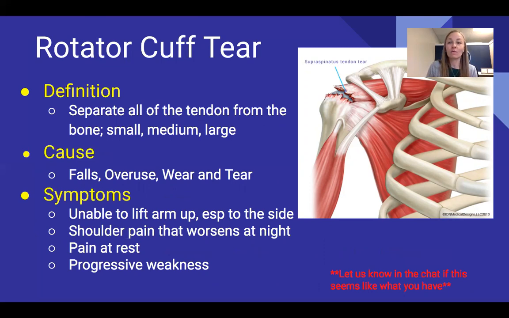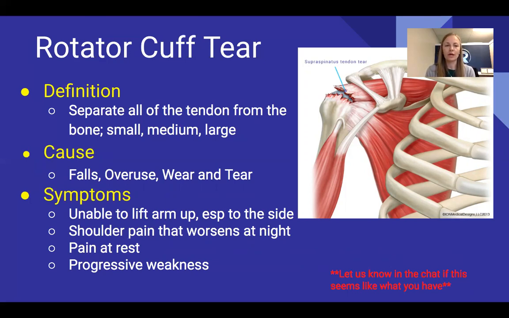Okay, so then we have a rotator cuff tear. When you get an MRI, they'll put tears into a category of small, medium, or large. The small to medium tears quite often can go without surgery. Someone had texted us that they were trying to recover from a small rotator cuff tear, and you can.